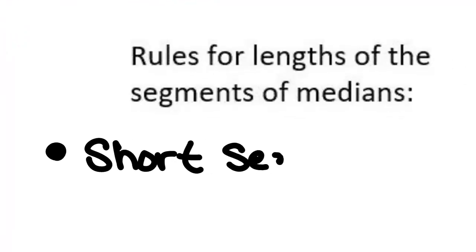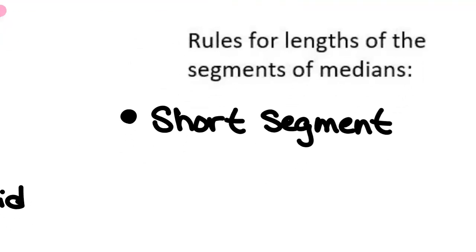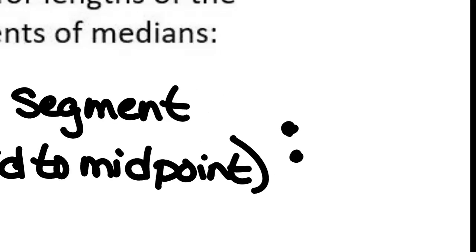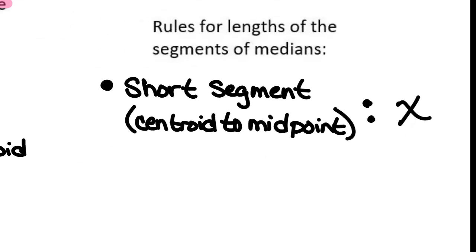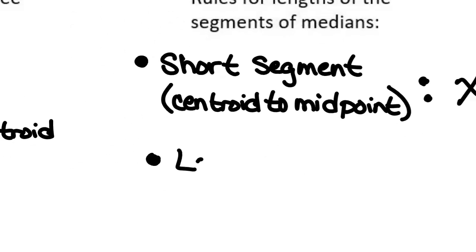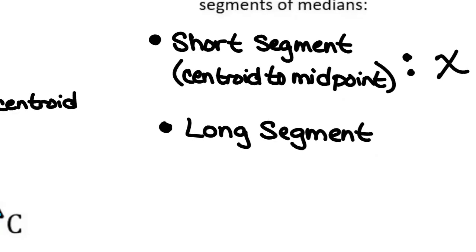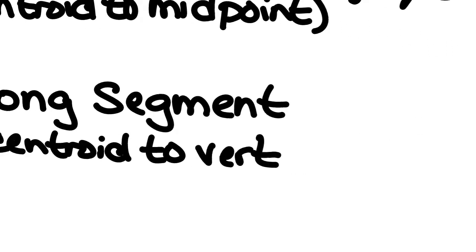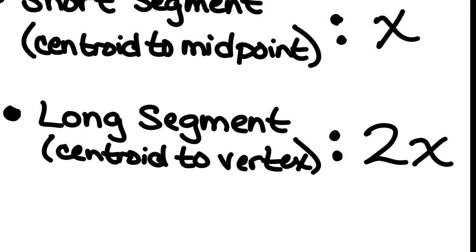The short segment, so the segment that goes from the centroid to the midpoint, we are going to label as X. The long segment, which is the piece that goes from the centroid to the vertex, is twice as big. So we're going to label that as 2x.